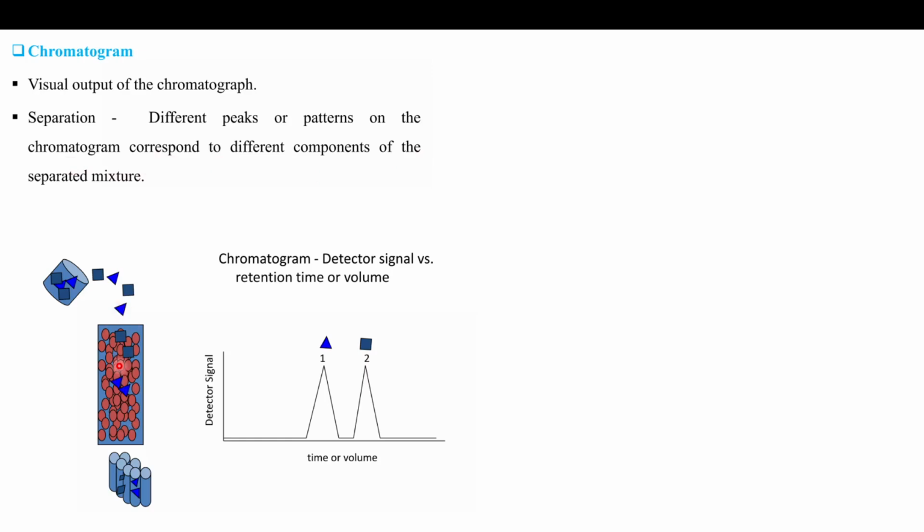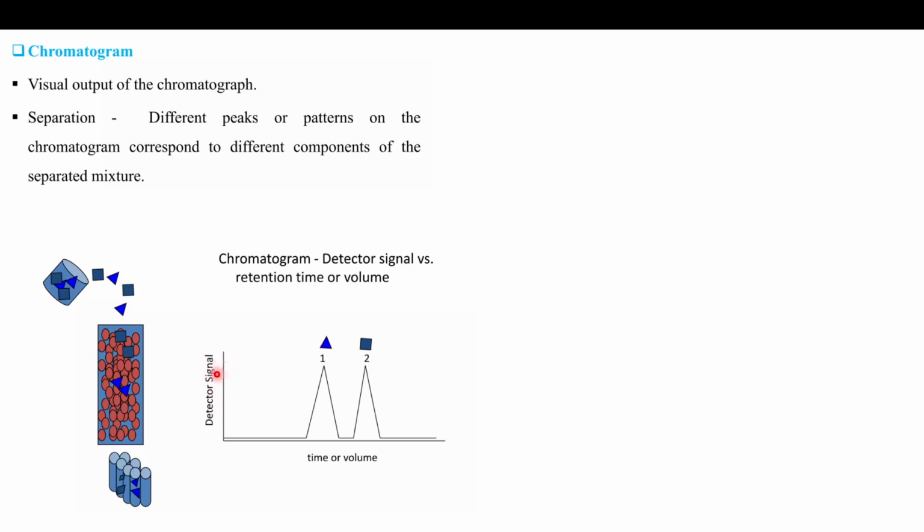So this is the pores or packing of the matrix, and this is the mixture of two compounds which passes differentially through the pores and then separates out. The very first one to pass through is this triangular-shaped compound, suppose, and it will elute out first, and the next one elutes out second.